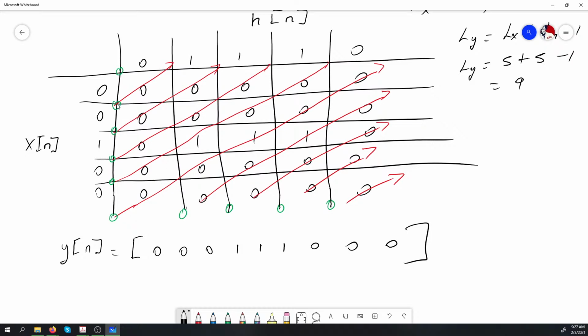When we did our anti-diagonal for the first point, this point here we don't really bother with, so don't start here. Instead, start here. Let me change this to blue to give you an idea.